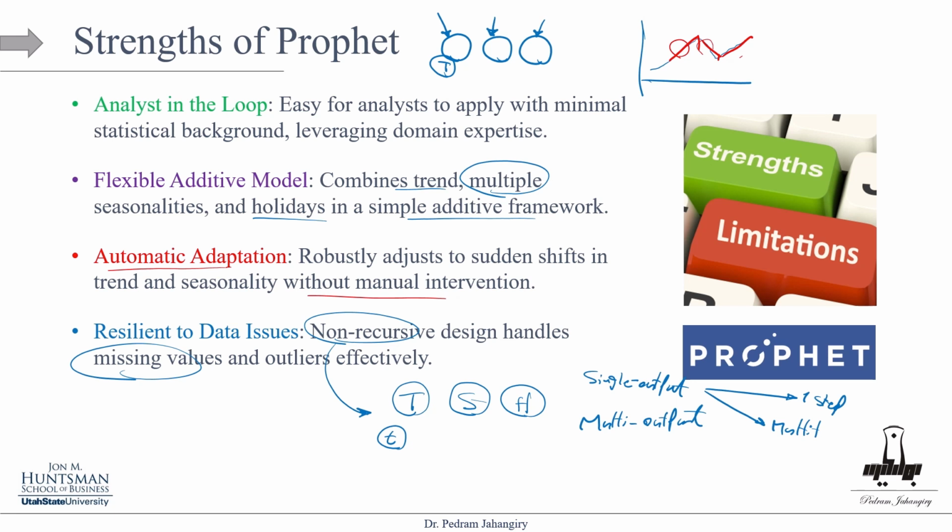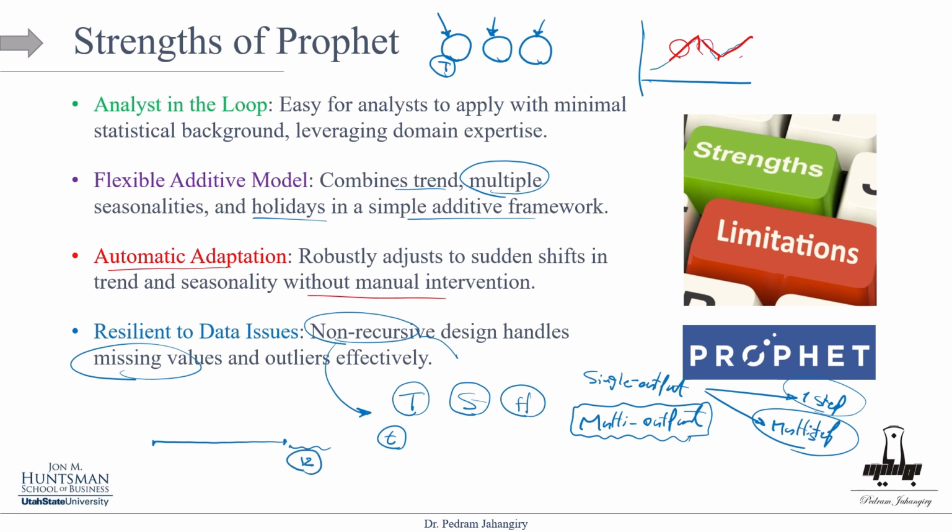Multi-step ahead was basically putting a bunch of these one step ahead forecasts in a for loop and then predicting into the future. And we said that not all the econometric models are able to do multi-output forecasting, right? Because that was not feasible. We couldn't do it with ETS or ARIMA. However, with Facebook Prophet, because we have this non-recursive design, we are able to do multi-output at the same time. So for example, I have a time series with 100 observations in the past, and now I want to make a prediction for the next 12.